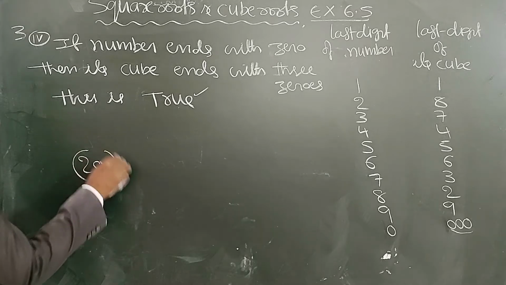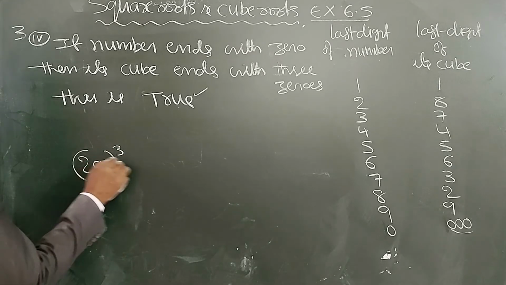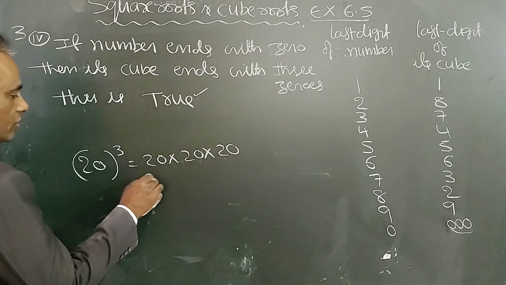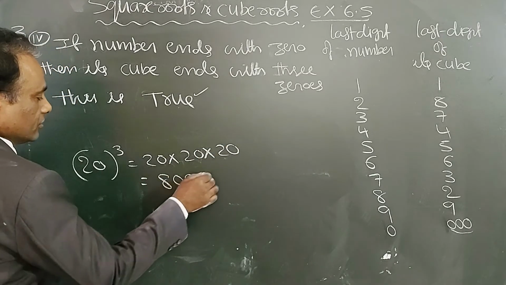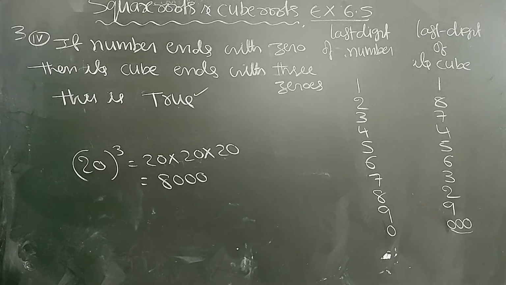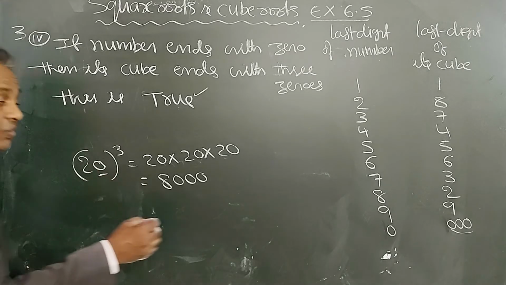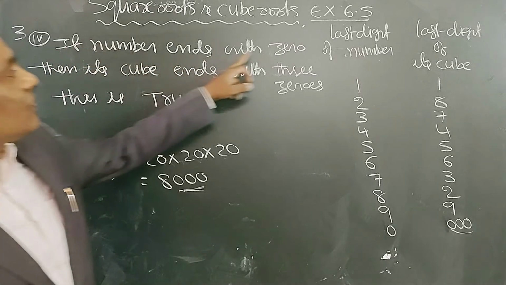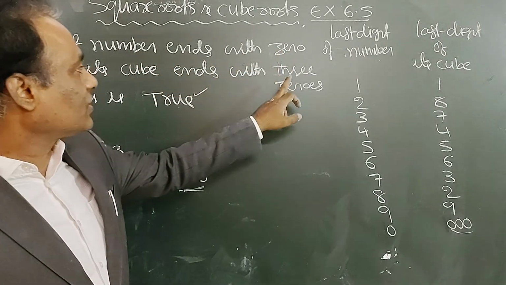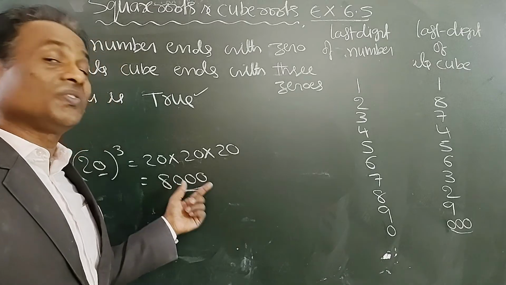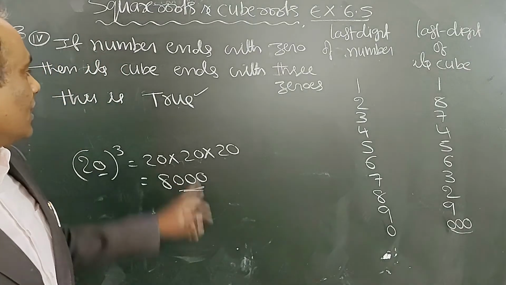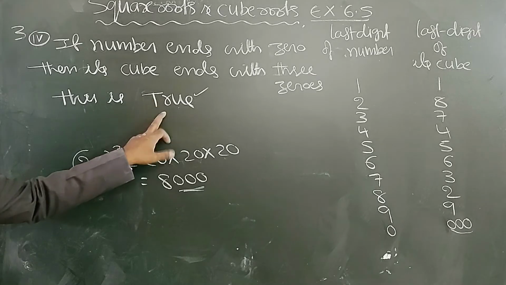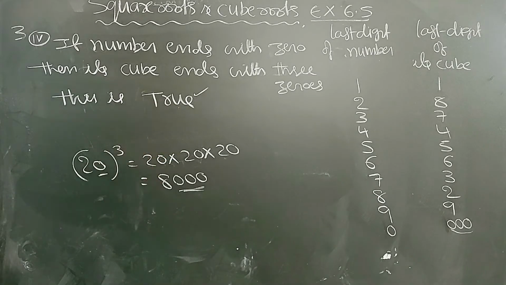Suppose 20, a number ending with 0. So what is 20 cube? 20 into 20 into 20, 8,000. So if a number ends with 0, its cube will end with 3 zeros. It is compulsory. That means the given statement is right or wrong? Right. True.